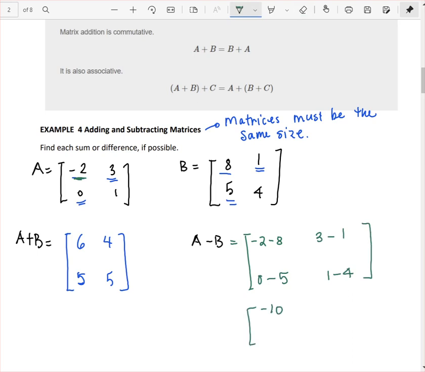So I end up with -10, 2, and so on. So basically you do have an extra minus there that you have to worry about when you're doing the subtraction, but it's the same idea.